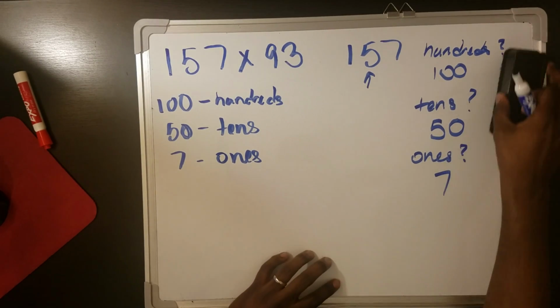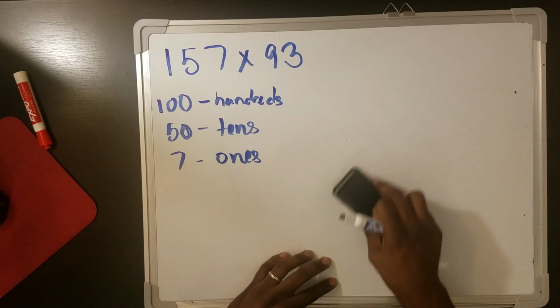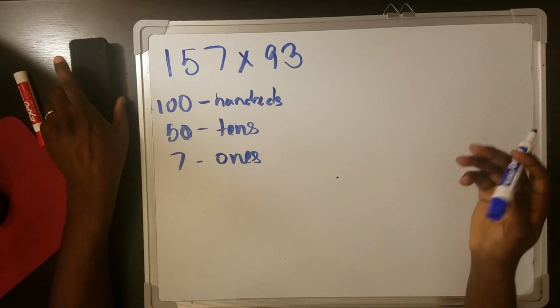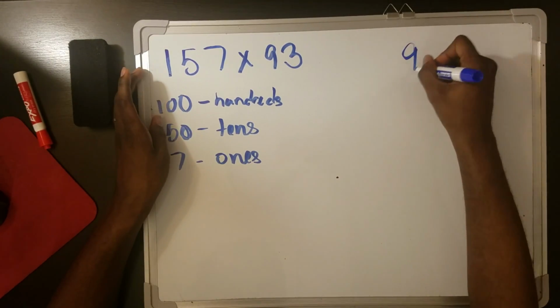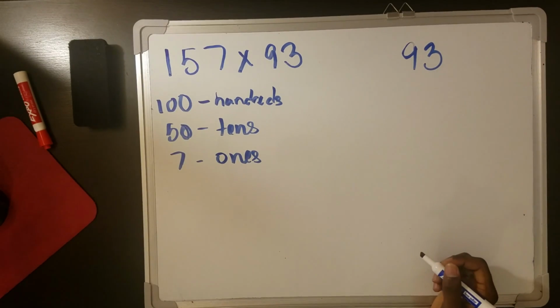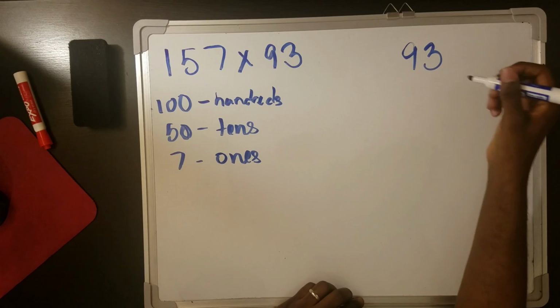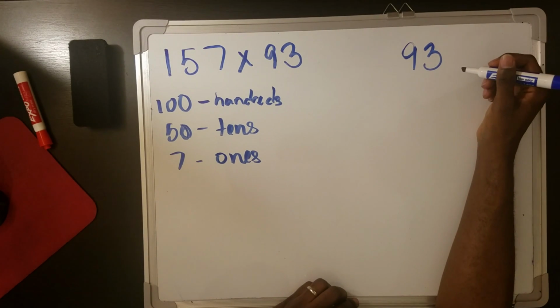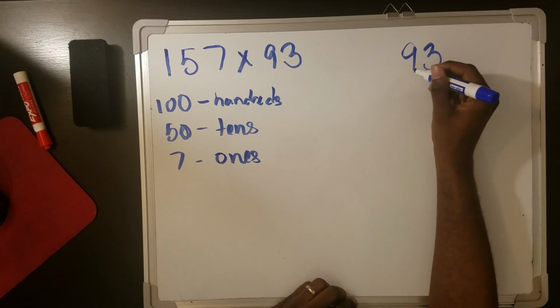So let's look at 93. This looks very familiar, right? We just did this. Do we have anything in the hundreds place? No. But we do have something in the tens place.